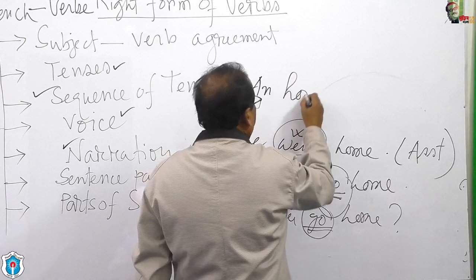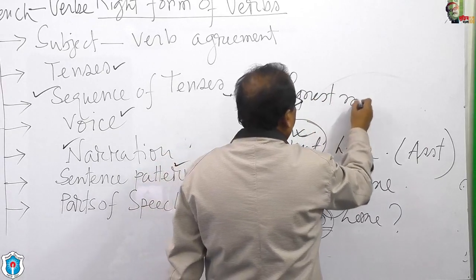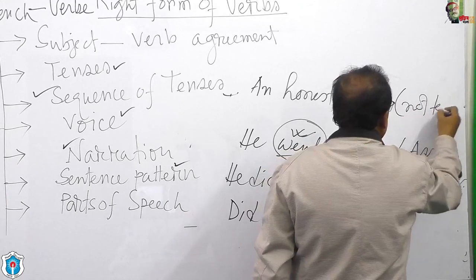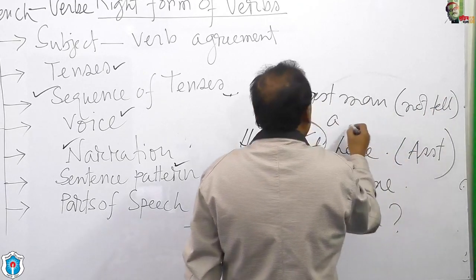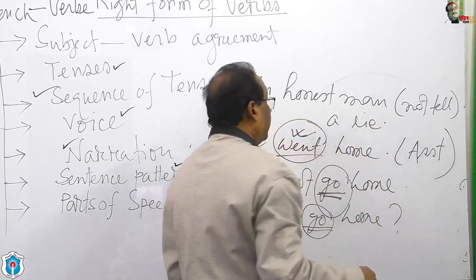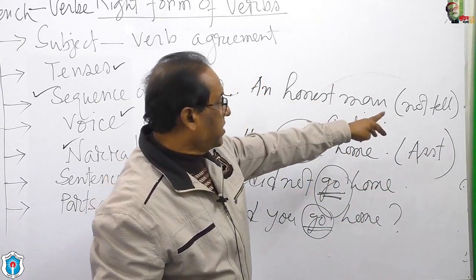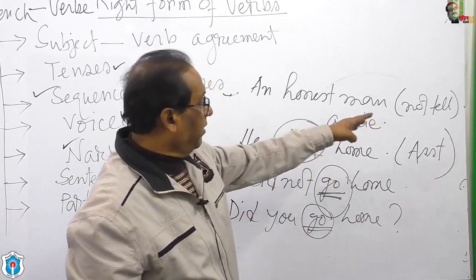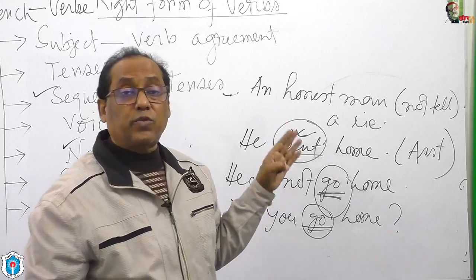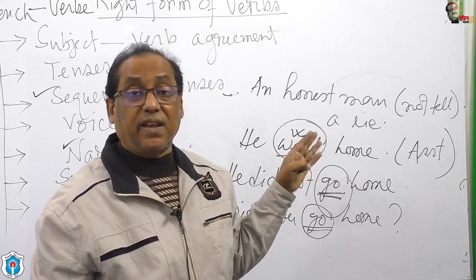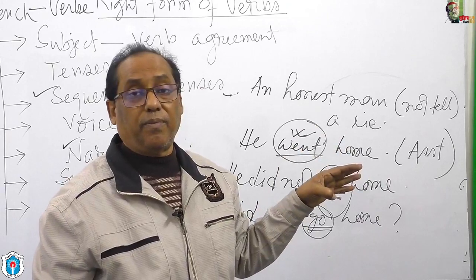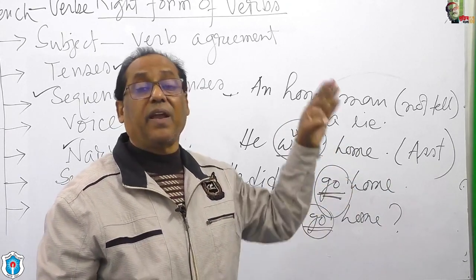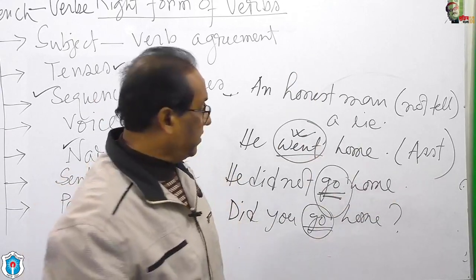An honest man not tell a lie. So if you want to correct this verb, not tell, it means that you have to change the sentence into negative form, and you should also correct the form of the verb in the negative pattern of the sentence.